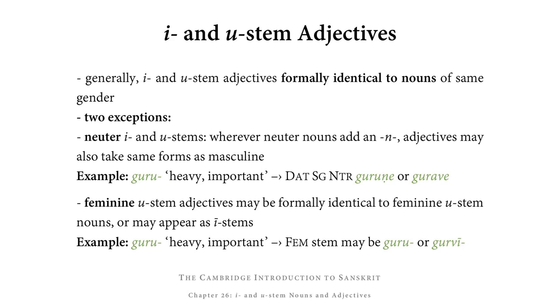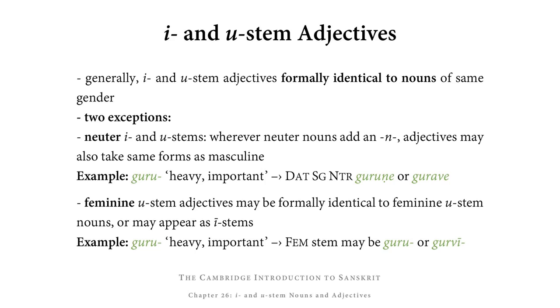So for example, of guru, meaning heavy or important, we can get a dative singular neuter gurune, that looks just like a neuter noun in that case. Or we may also get the form gurave, which would be parallel to the masculine short U stem form in the dative singular.